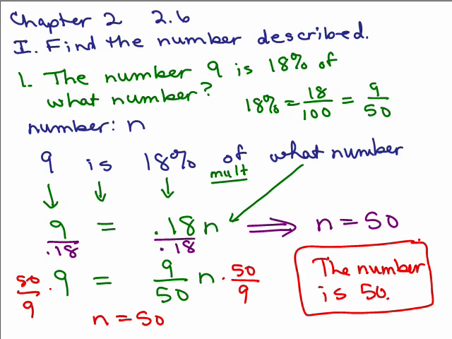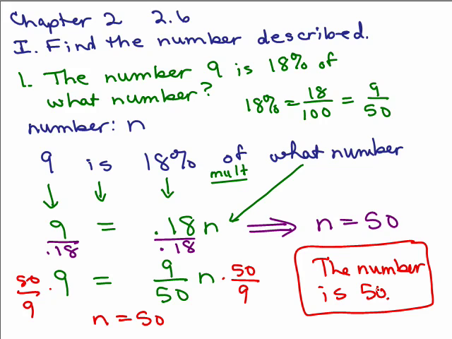Now you want to think about this. Does it make sense to you? Is 18% of 50 9? Well, what's 10% of 50? 5. So 20% of 50 would be 10. So it seems reasonable that 9 is about 18% of 50.